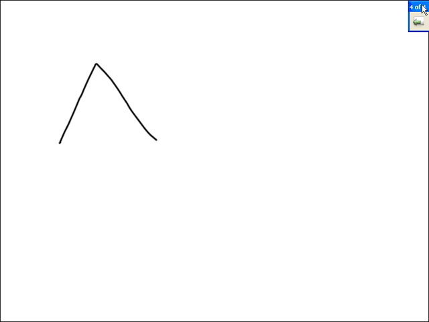So we have a triangle like such. This line is extended in both directions, and so is the straight line. And we'll number the angles 1, 2, 3, 4, 5, 6, and 7.